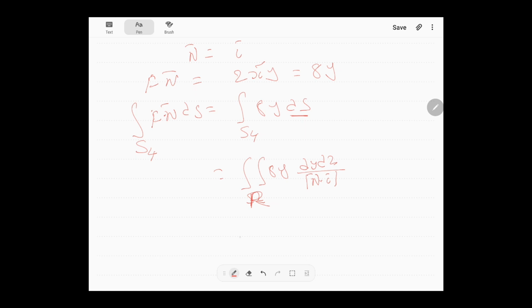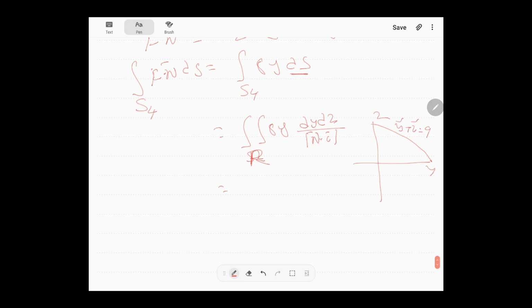Now, n bar dot i bar is 1. Now, what is your region? This is the y-axis, this is the z-axis, and this is y square plus z square is equal to 9, the circle, of course a quadrant of the circle. I need to find the limits. The limits for z are z is equal to 0 to z is root over 9 minus y square. Y limits are 0 to 3. 8y dy dz or dz dy.